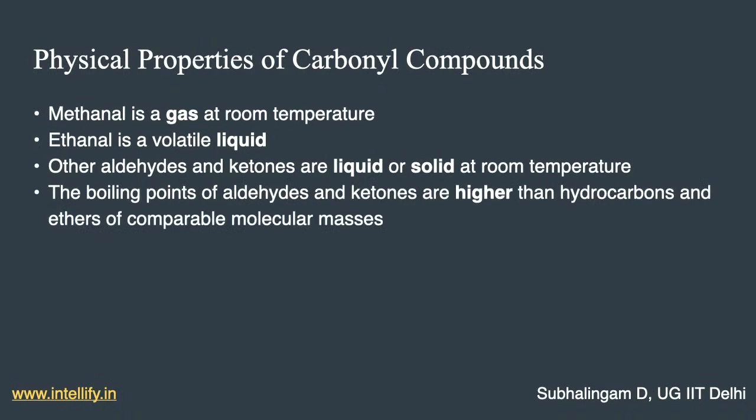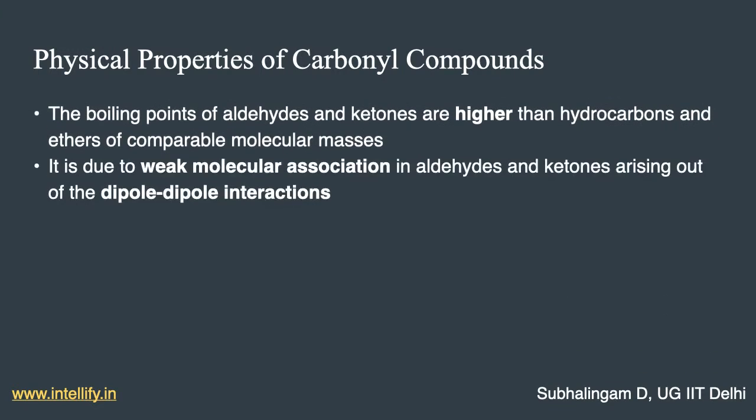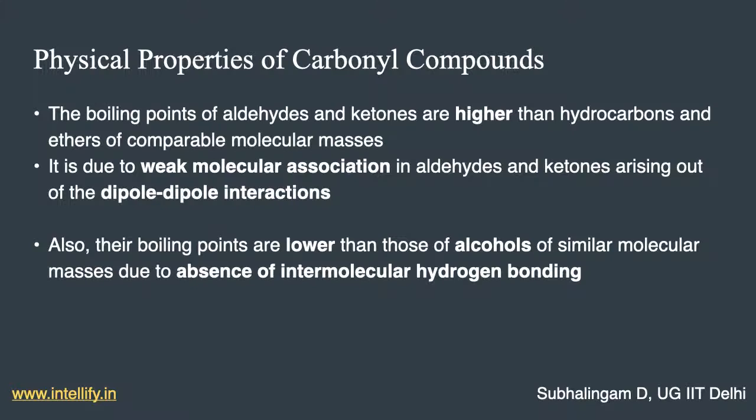The boiling points of aldehydes and ketones are higher than the hydrocarbons and ethers of comparable molecular masses. It is due to weak molecular association in aldehydes and ketones arising out of dipole-dipole interactions. Also, the boiling points are lower than those of alcohols of similar molecular masses due to the absence of intermolecular hydrogen bonding.